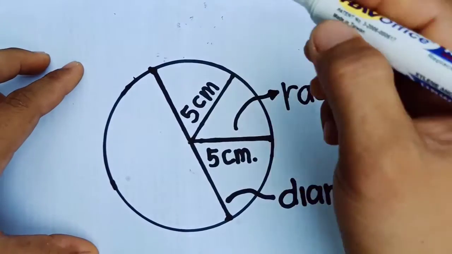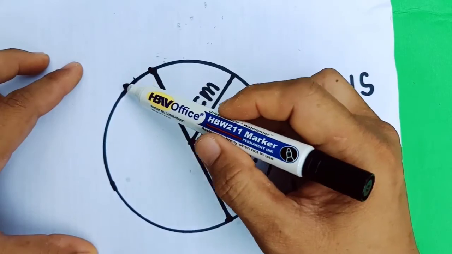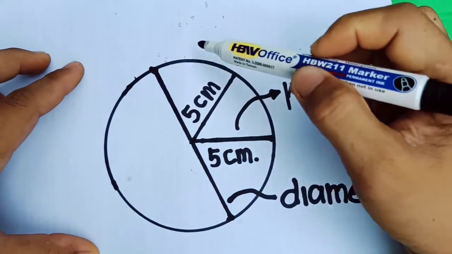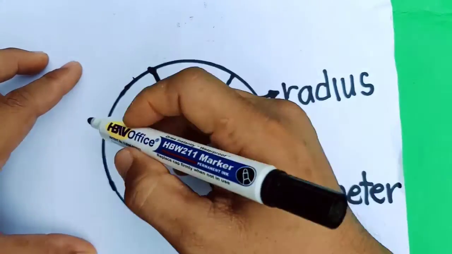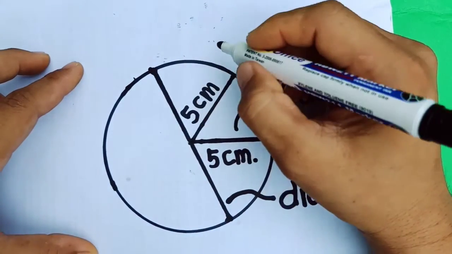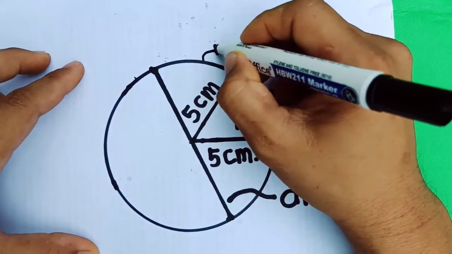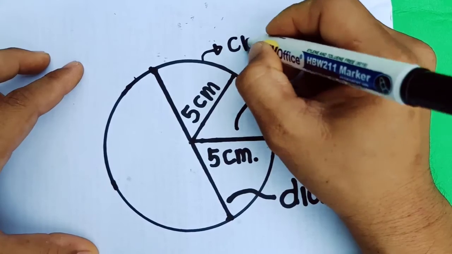The distance that travels around a circle, or the perimeter of the circle, is what we call the circumference.